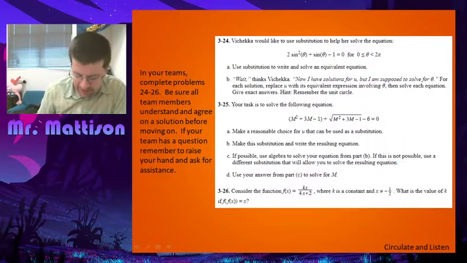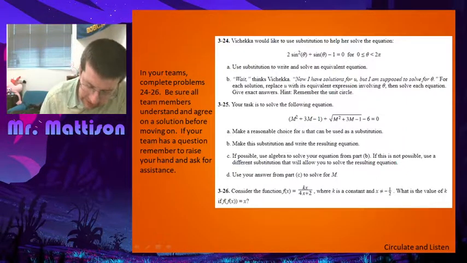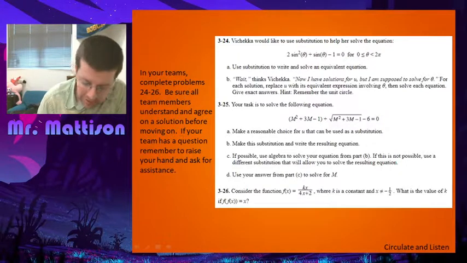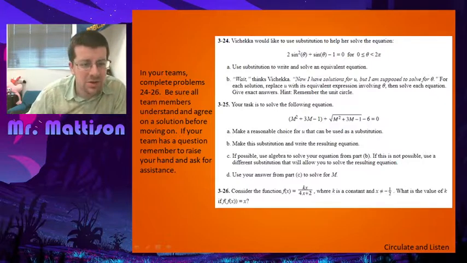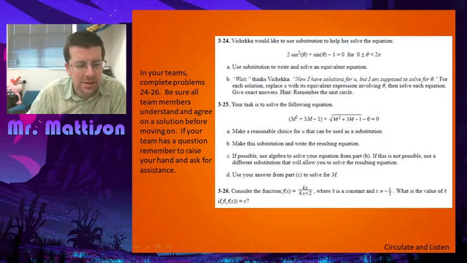So 24, let's write it out, we have 2 times the sine squared of theta plus the sine of theta minus 1 equals 0. Okay, so you can pause and try these out. I'm going to work through all of these just so that we can see both 24 and 25.